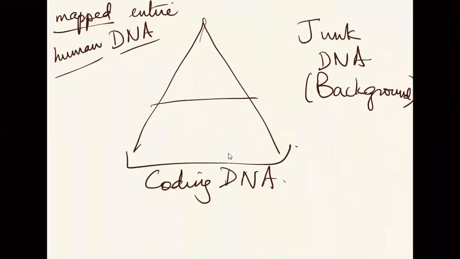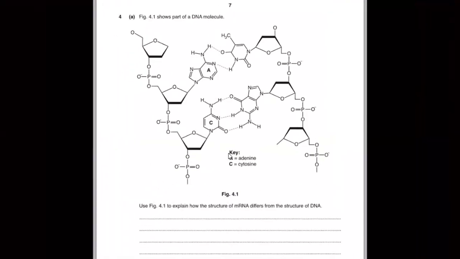Let's suppose I ask you this question. Use figure 4.1 to explain how the structure of mRNA differs from the structure of DNA. In the picture, what can you see? Can you see DNA or mRNA?